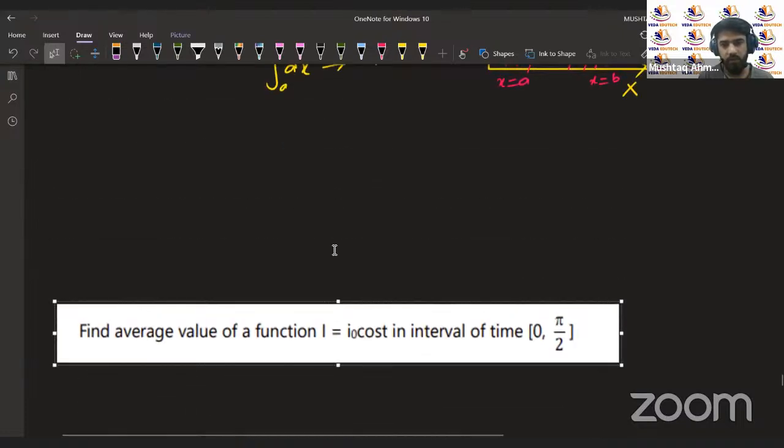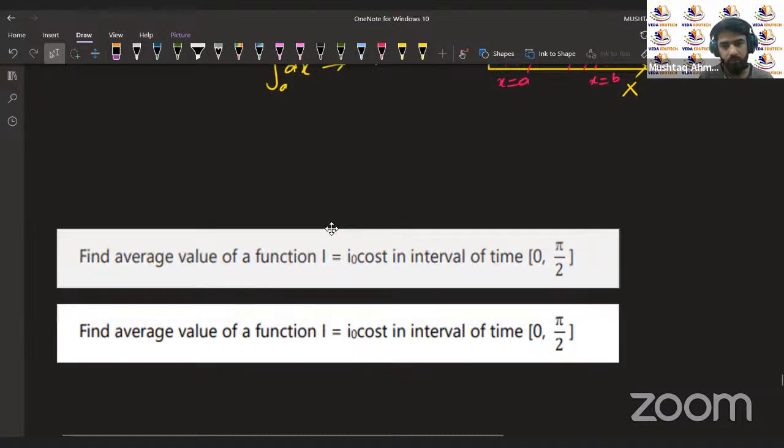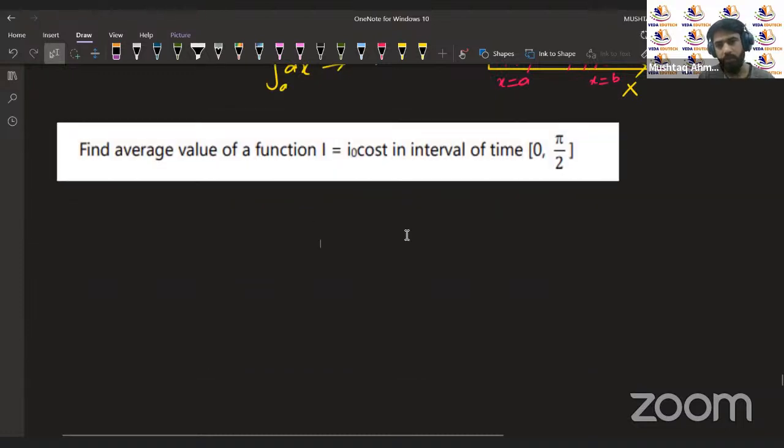Let's suppose that we have a function like this. In Class 12 we will be studying AC currents, where current is a function of time, and we are supposed to calculate the average current between different time intervals.